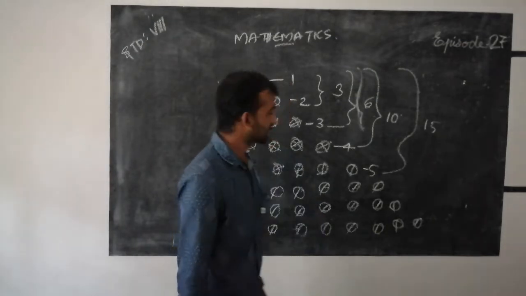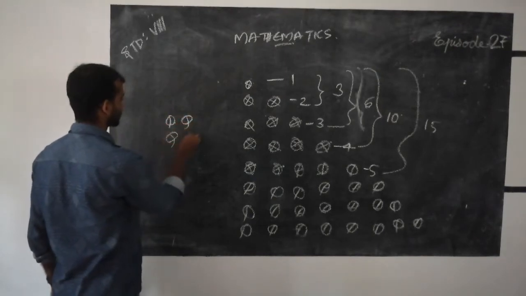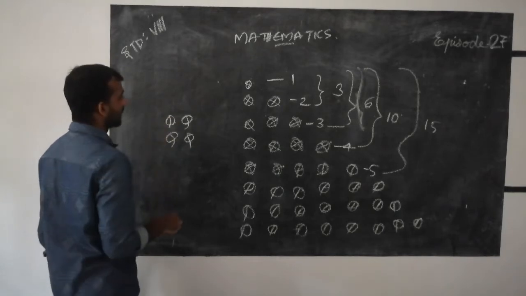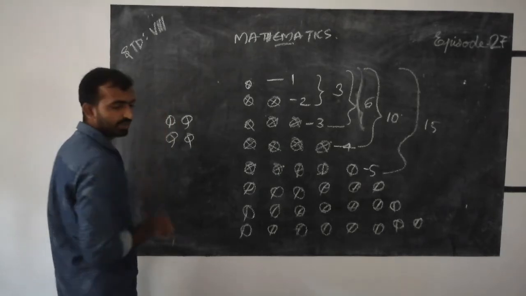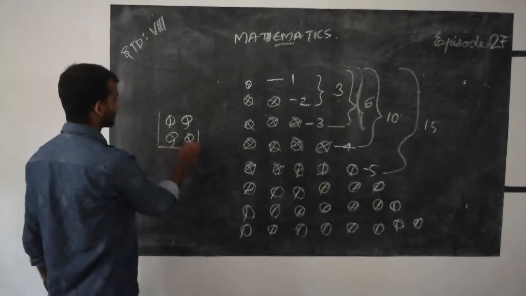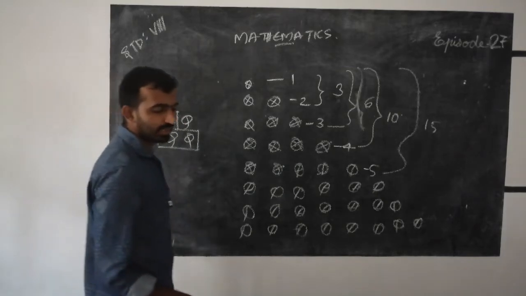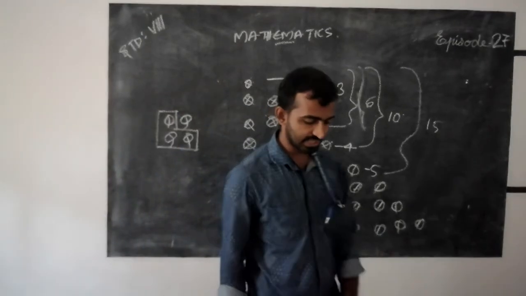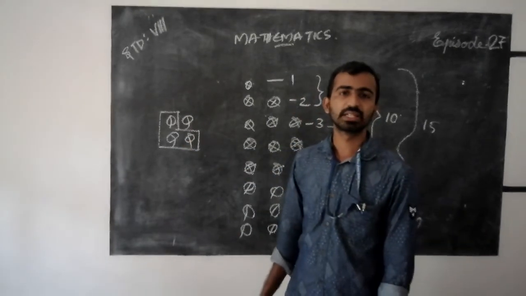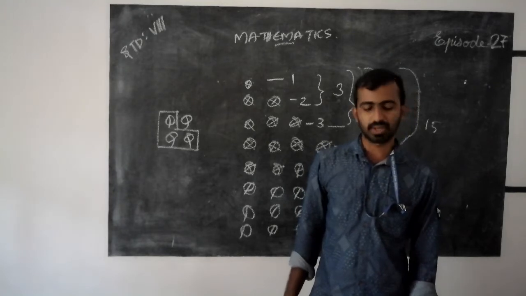Easy. There is a pictorial representation. 1 plus 3, we get 4. That is 2 square.